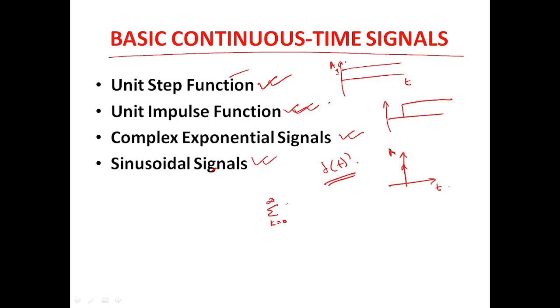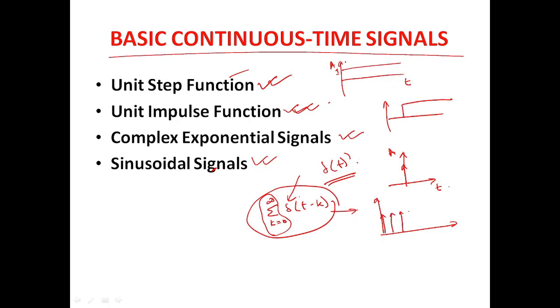Now if we have some function like this, delta t minus k, if you see, delta is there, that means it is an impulse function, but we are also having a summation over some numbers, right? So this is the equation for the impulse train function.